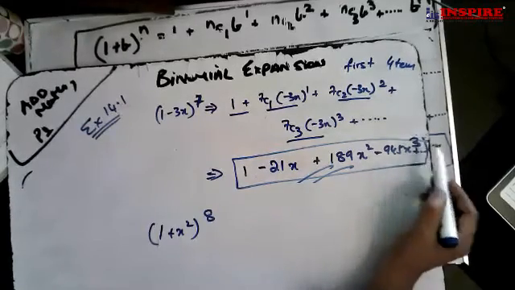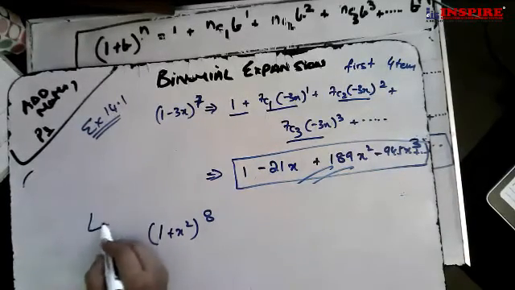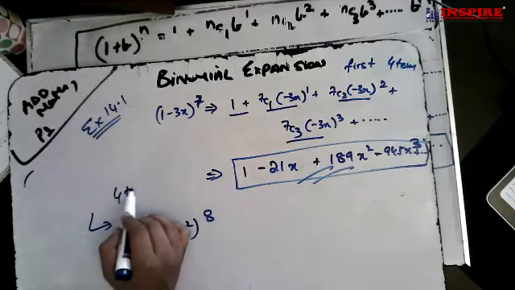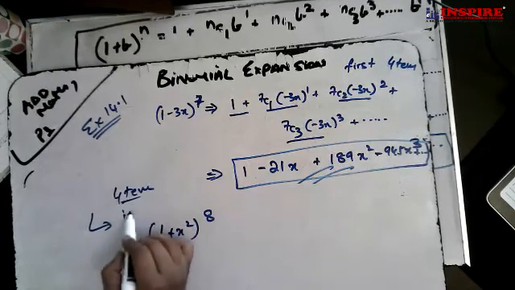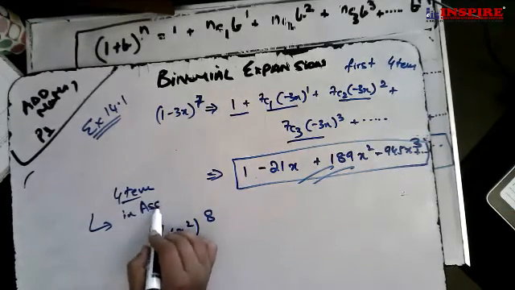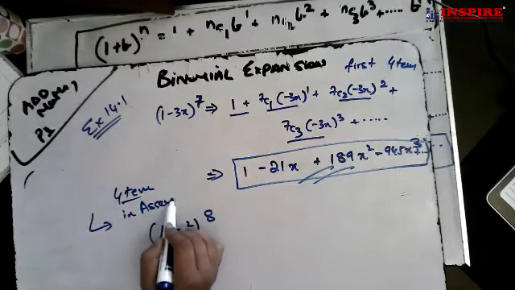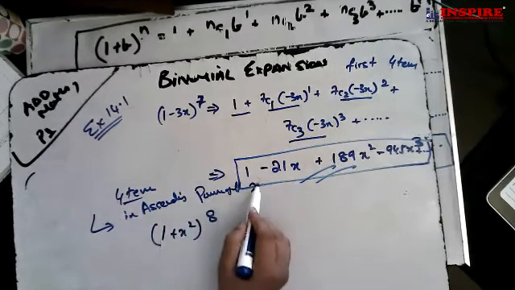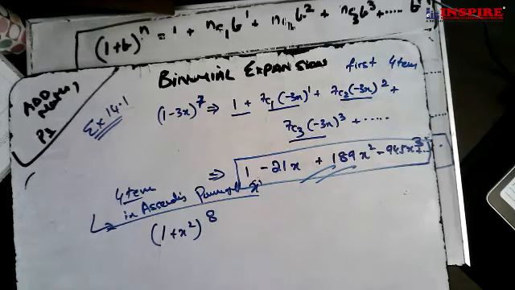The next question says I want the first 4 terms in ascending powers of x. So it's going to be the same thing, isn't it? Do this question now. First 4 terms.